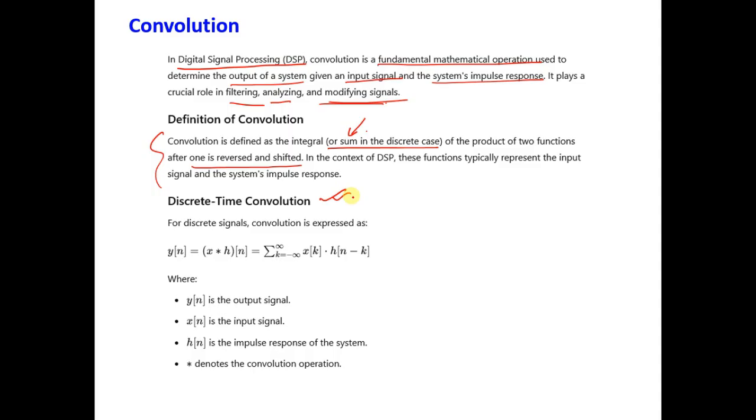It is given by y[n] equals x[n] convolved with h[n], which is again given by the sum over k from minus infinity to infinity of x[k] h[n minus k]. Now this k allows us to take the signal into a separate time domain. This star denotes the convolution operation.